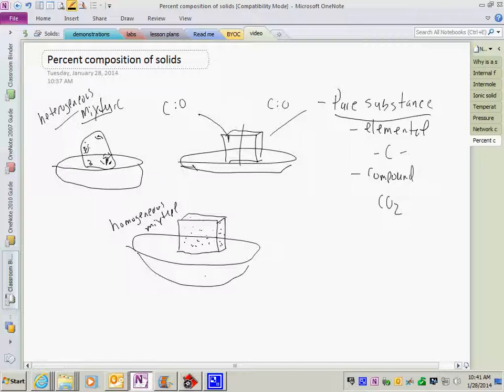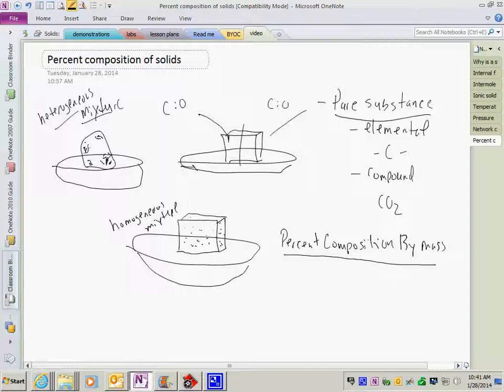Now, if I want to mathematically measure this stuff inside of here, we could use what's called percent composition. Percent composition by mass is a pretty common way of doing this.